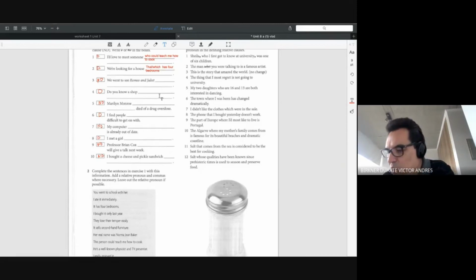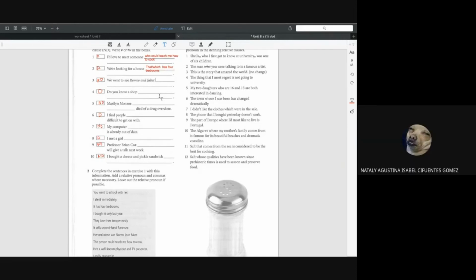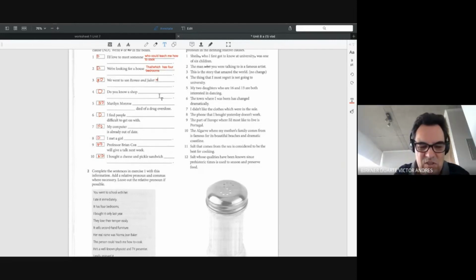Number 3, we went to see Romeo and Juliet. What can we put there? We went to see Romeo and Juliet, which I really enjoyed. Excellent.